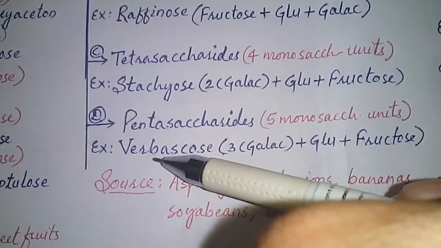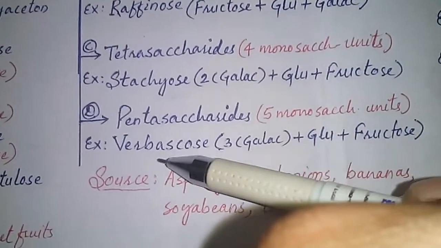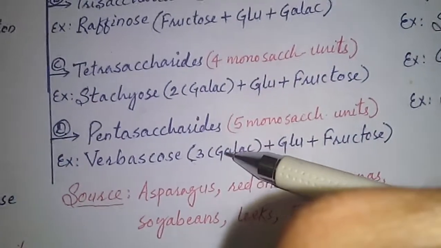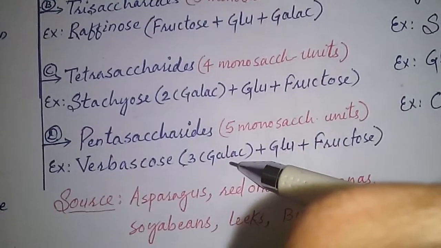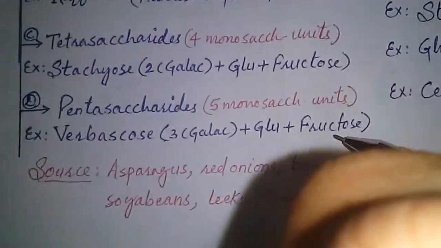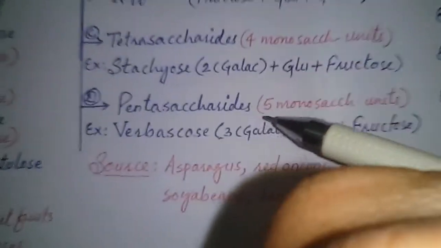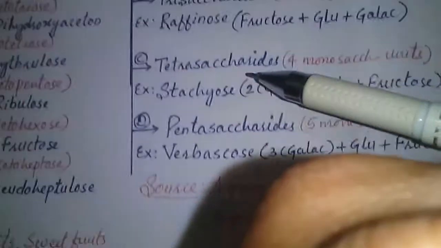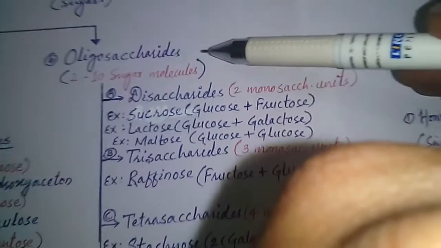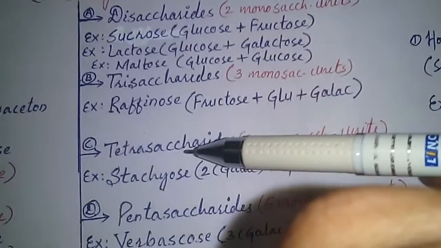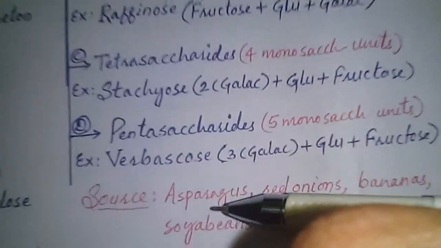For example, verbascose is the example of pentasaccharides in which three galactose plus one glucose plus one fructose are present. So these are the different examples with the classes of oligosaccharides: disaccharides, trisaccharides, tetrasaccharides, pentasaccharides.